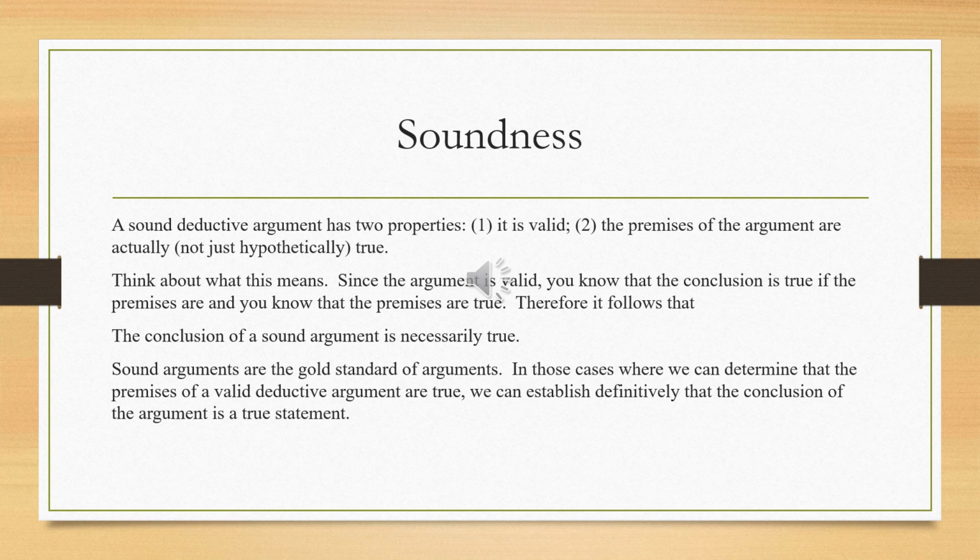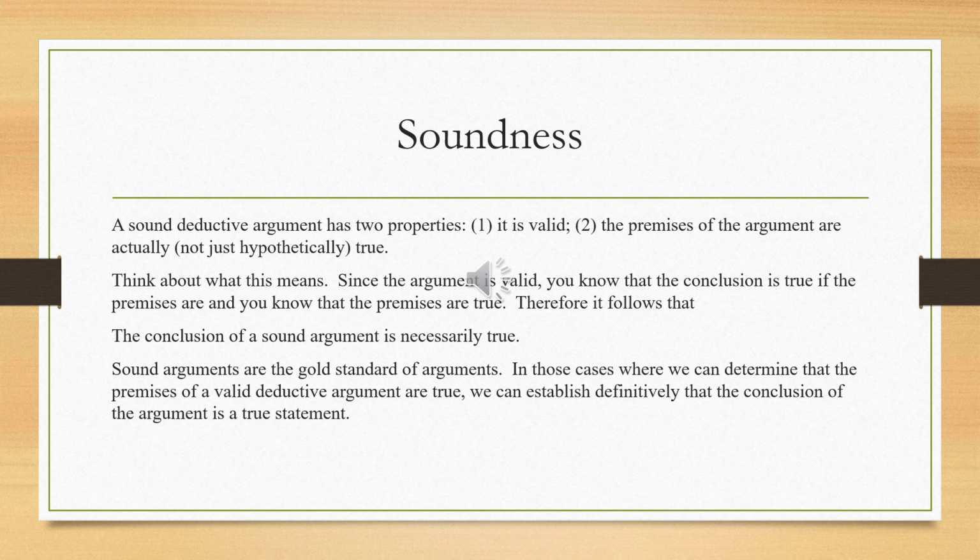This is why, for example, we are able to do things like proofs in geometry and establish conclusions that are absolutely necessarily true and that no one disputes. Why? Because these are the result of arguments that are valid with true premises, if the proof is a good one.